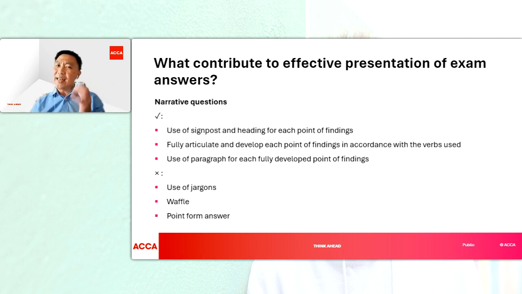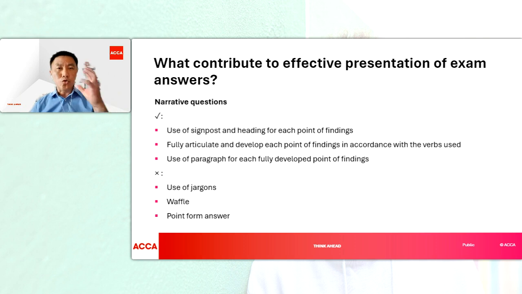And let's not forget, very likely, when you are to tackle narrative questions, you are likely to provide more than one signpost or heading. So in between the signposts and headings, after one particular articulation, leave spacing to go into another paragraph when you start illustrating or articulating the second and the third signpost, and so on and so forth.